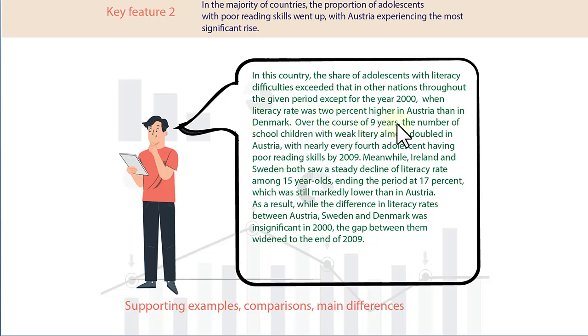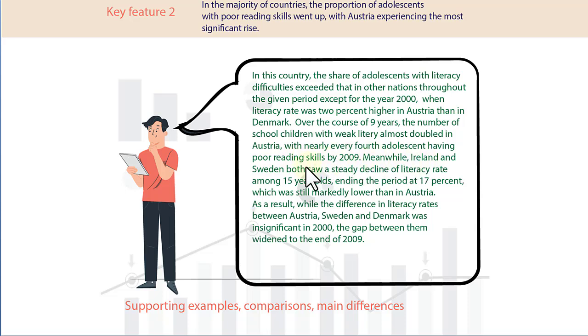Over the course of 9 years, the number of school children with weak literacy almost doubled in Austria, with nearly every fourth adolescent having poor reading skills by 2009.